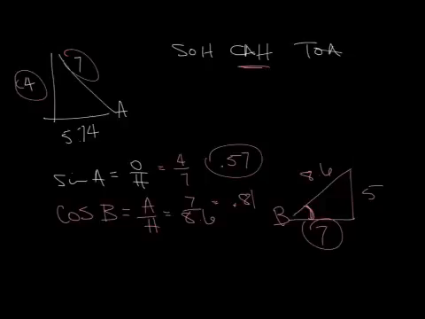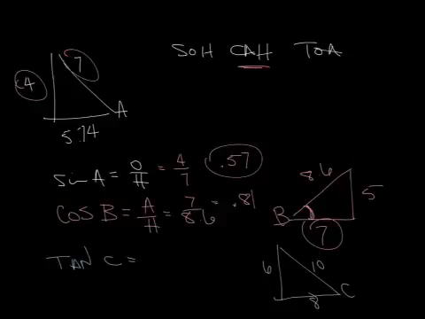And then lastly, I have a triangle. Let's do this in blue. And I've got C, and that's 10, and that's 6, and that's 8. And I'm interested in the tangent of C. Tangent of C is going to be the opposite line over the adjacent line. Remember, don't accidentally put the hypotenuse there.